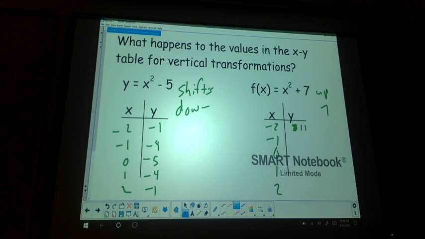That's going to be 11. That's going to be 8. That's going to be 7. That's going to be 8. That's going to be 11. Excuse me. So again, I'm just plugging those x values in, squaring it, and then adding it to what my constant is. So if you add or subtract something outside, it's not grouped, it moves it up or down. Okay? That's what takes place. We good? Yep.